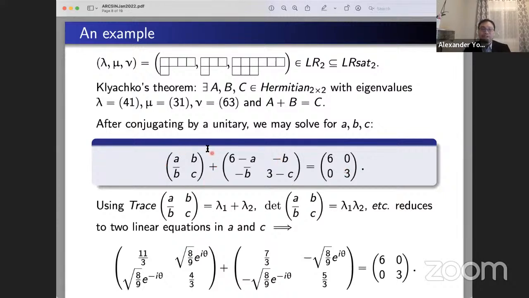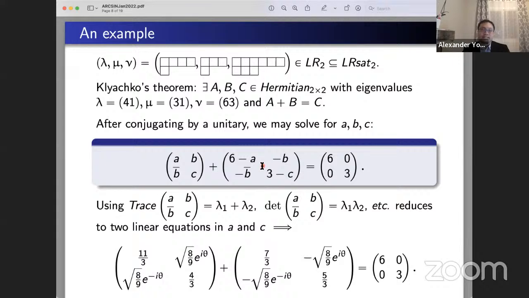So here's the general form of a 2 by 2 Hermitian matrix, where this is the complex conjugate. And then this other matrix is determined because of this linear relation. I need to solve for little a, little b, and little c, and I'm going to use Newton's identities. We know that the trace of the matrix is the sum of the eigenvalues, which I'm given, and the determinant is the product of the eigenvalues, which I'm also given. Applying that to these two matrices, after a little scratch work you end up with two linear equations in a and c.